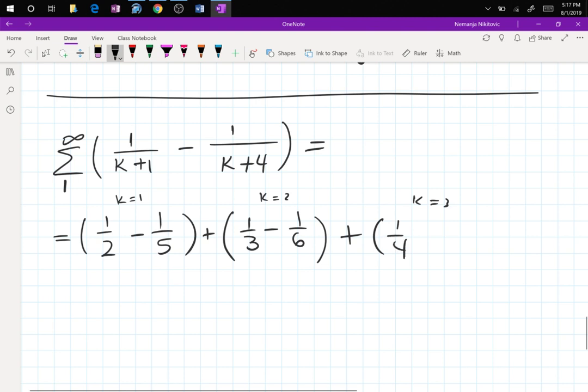See, we still don't have cancellations. If you take a look at these two parentheses, they have all different numbers, right? If at least you had a pair, right? But you don't. So we have 1/4 minus, and now when k is 3, that's going to be 1 over 7.